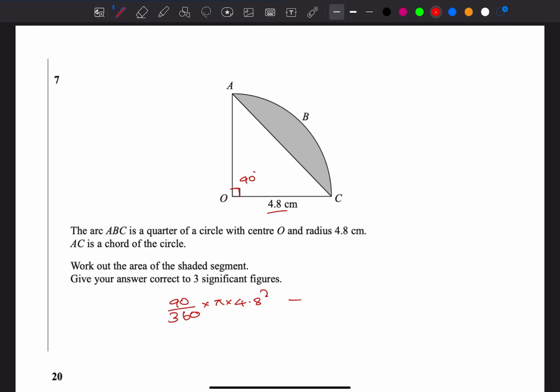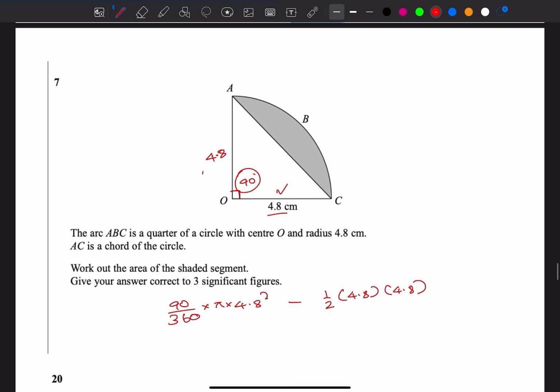If this is 4.8, this is also 4.8. So we could kind of go, you could do half ab sine C in this case, but it's up to you. Or you can do base times height divided by 2. It's up to you. Half, 4.8, 4.8, and if this is the angle, these are the sides anyway for that area. Sine 90.